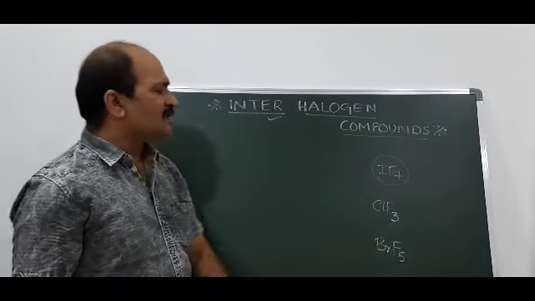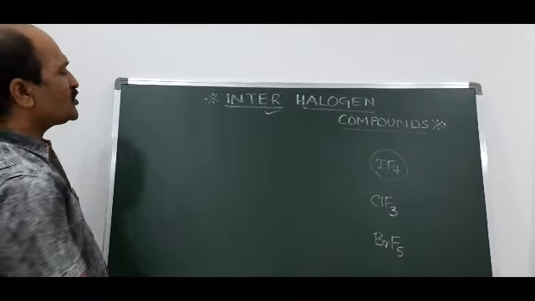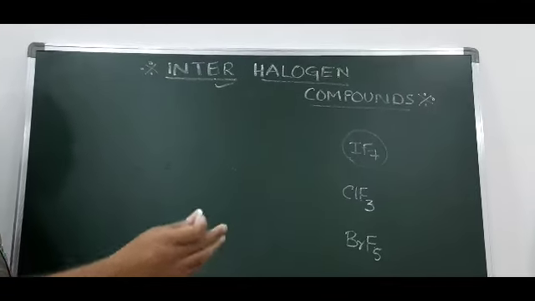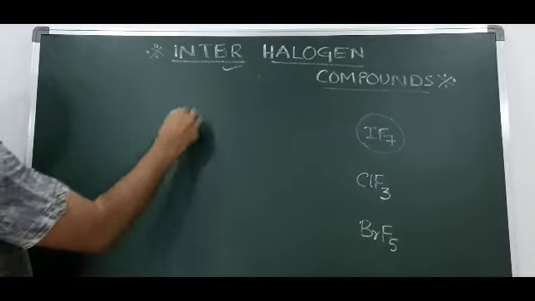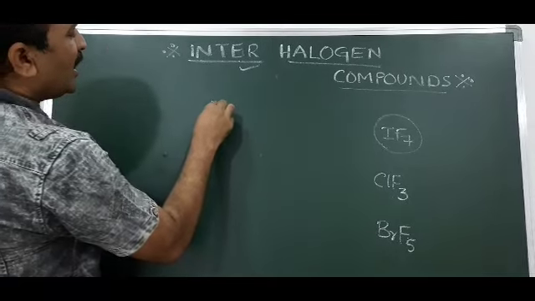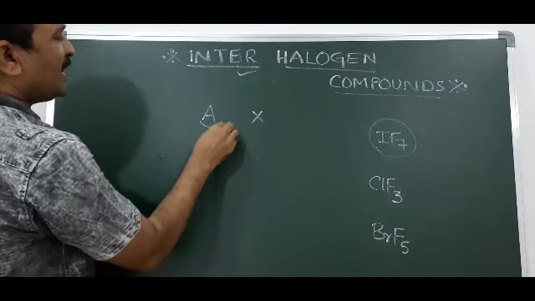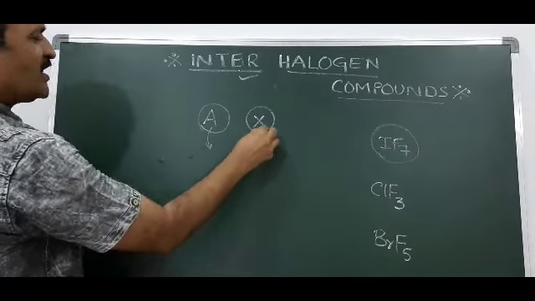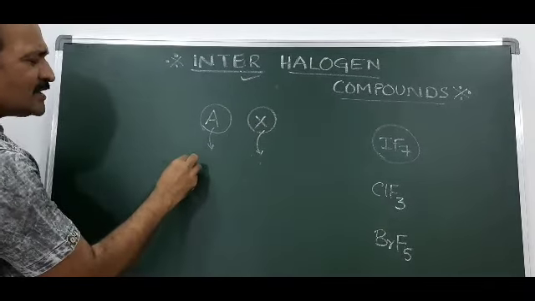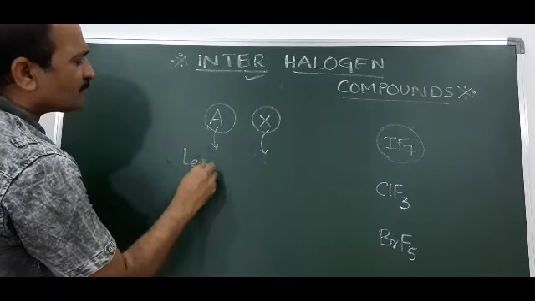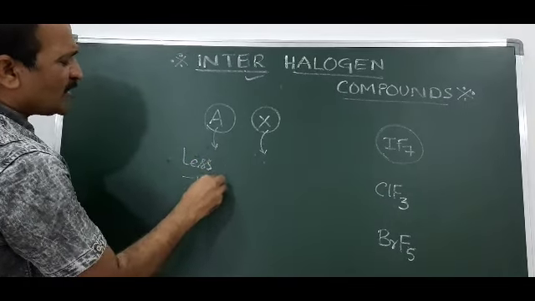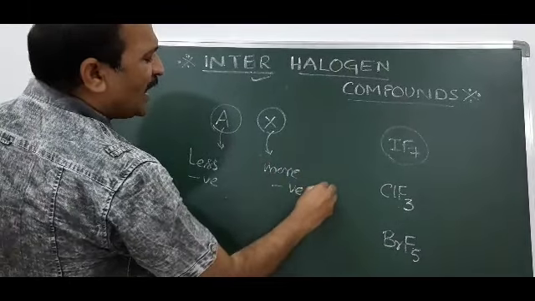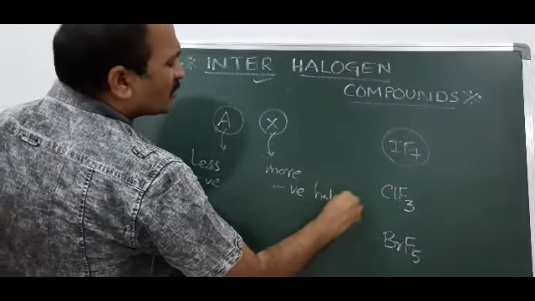Based on the atomicity, the interhalogen compounds are classified into four types. Before explaining the types, let it be A and X. A is a halogen, X is also a halogen. For convenience, A is the less electronegative halogen and X is the more electronegative halogen.